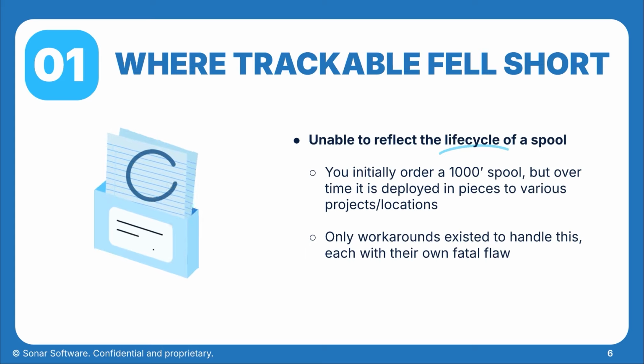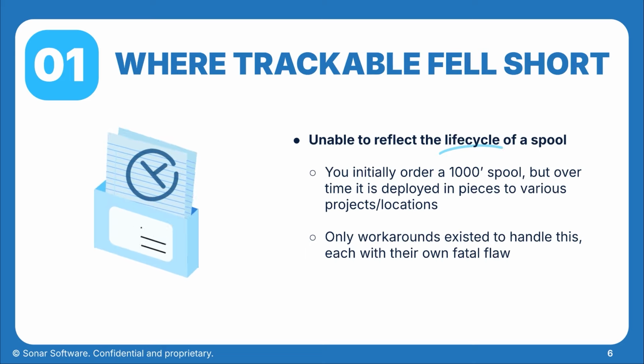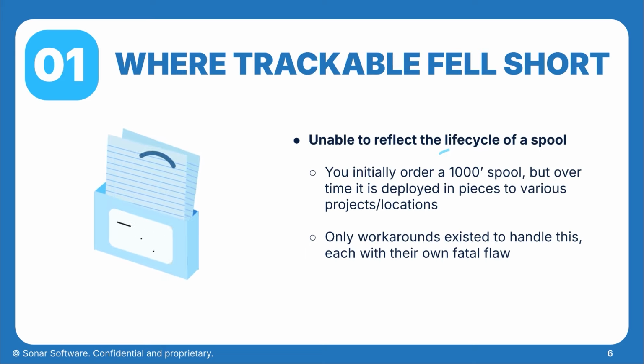What I just described there is pretty involved, especially if it's happening in the field. It's a pain in the butt, right? So that's not a real world-class workflow to support this. And then arguably even worse, I've seen this as well, and I understand why, because each has its pro and con. Instead of making one 1,000-foot spool item when you receive that spool, you could make 1,000 1-foot inventory items.